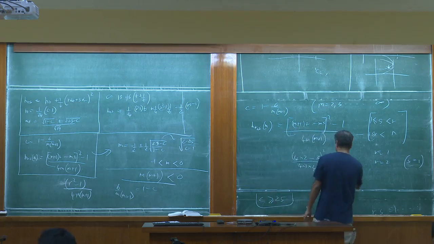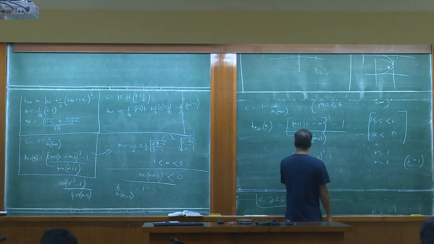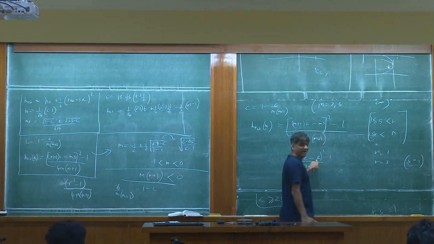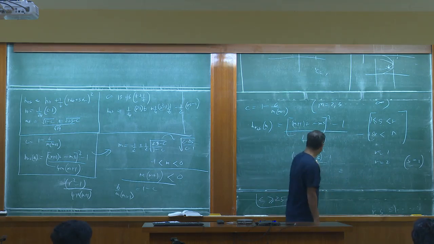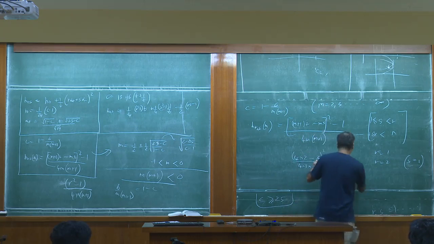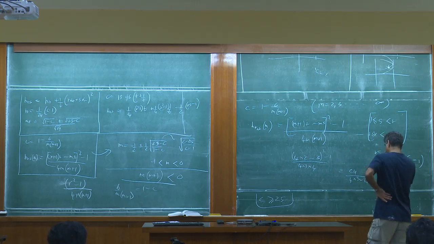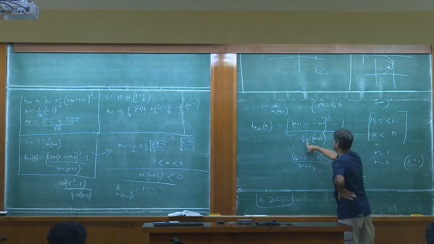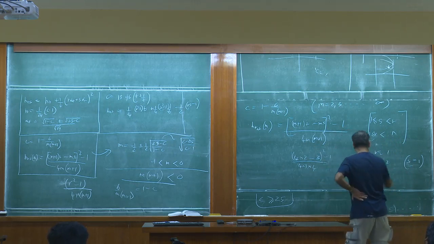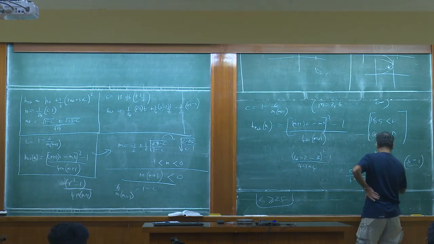And this is equal to, so that's 8 minus 3, 5. 5 square minus 1, so 25 minus 1, so 24, divided by 4 into 3 into 4. Have I done this right? And then we get half.